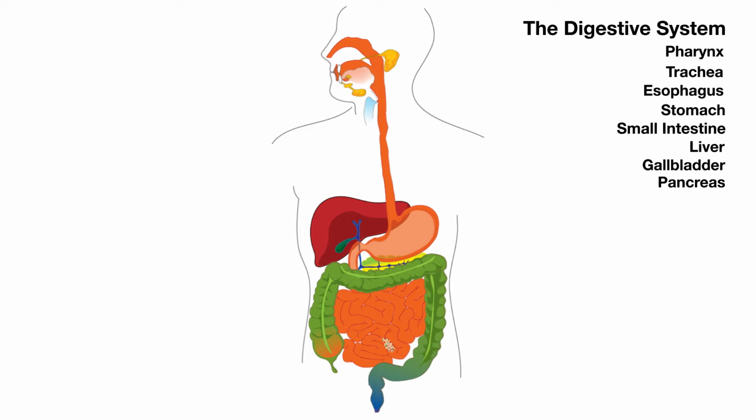But I want us to focus in on what role the liver plays specifically with the digestive system, and that role is it produces something called bile, B-I-L-E, and this bile then gets delivered from the liver through another duct to the gallbladder, and the gallbladder really serves as a storage compartment for bile. Then the gallbladder has a duct that carries this bile directly to the small intestine.